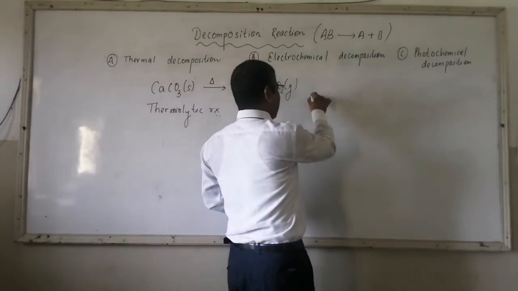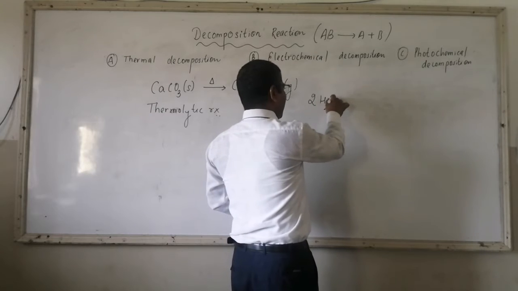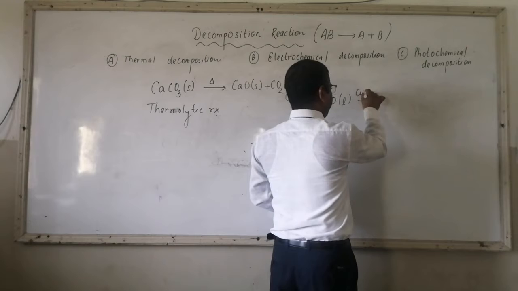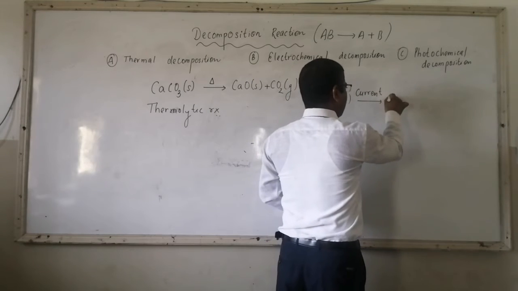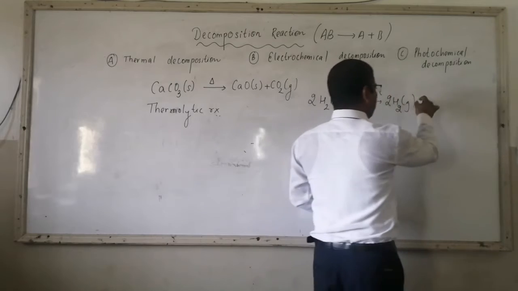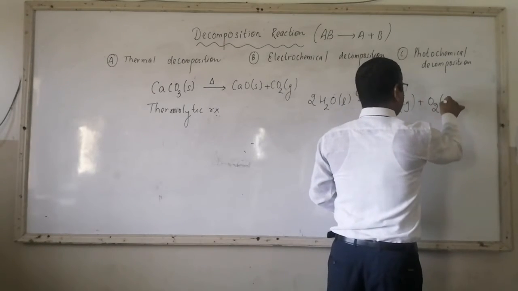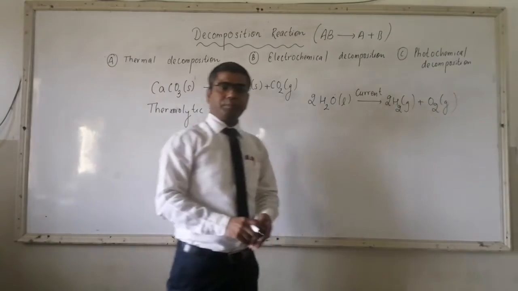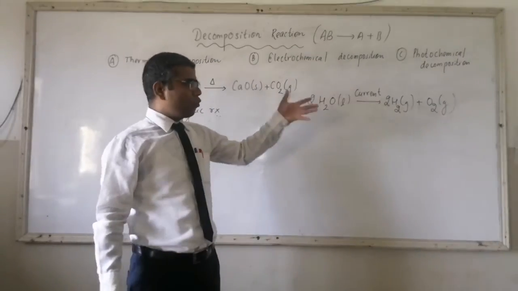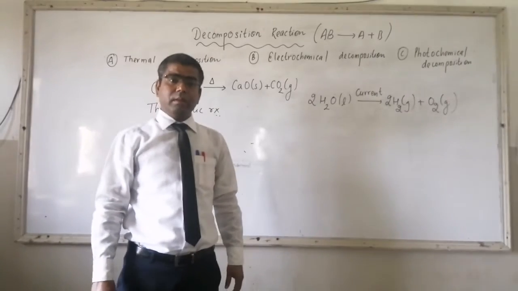So the reaction can be written as 2H2O liquid, in presence of current, gets converted to the constituent elements, that is H2 gas, with the release of O2 gas. At anode and cathode, release of H2 and O2 gas will be there.